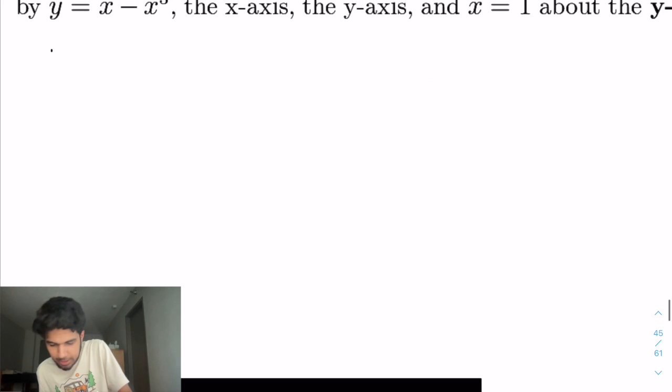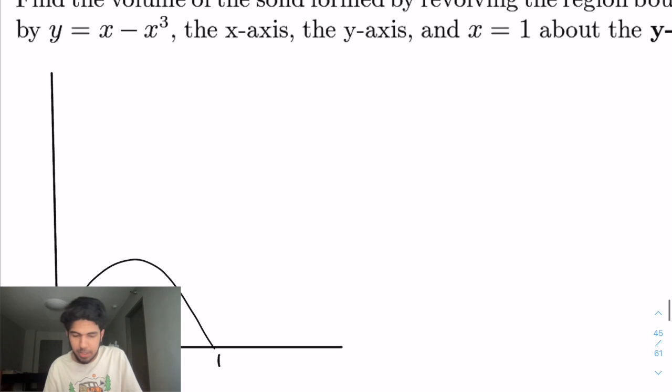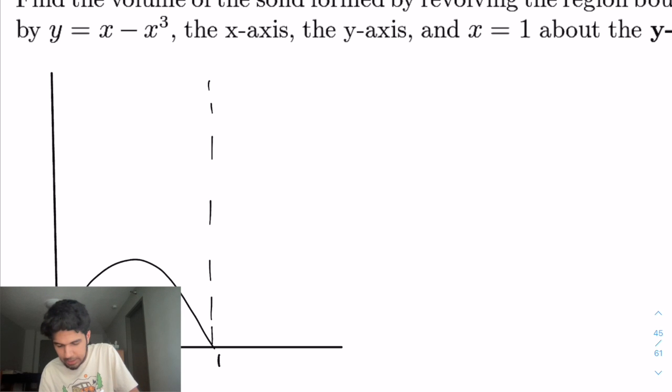We zoom in here and draw our first quadrant. Our graph in the first quadrant looks something like this, where this is 0, this is 1. We're bounded by the x-axis, the y-axis, and x equals 1. So indeed, this is the region right here that we're revolving about the y-axis.